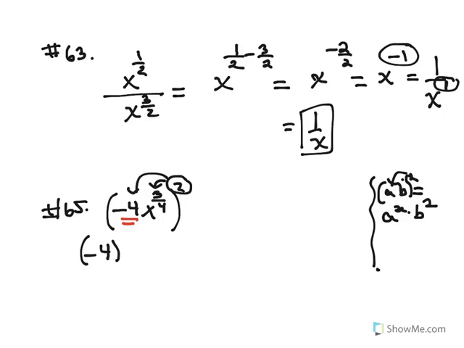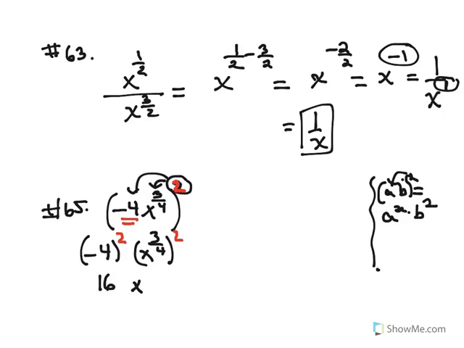Okay, I'm going to make this red so it's kind of easy for you to see. So this 2 is going to go here, and then x to the 3/4 is going to be set to the second power. Okay, so this is easy to see. Negative 4 to the second power is 16, right?